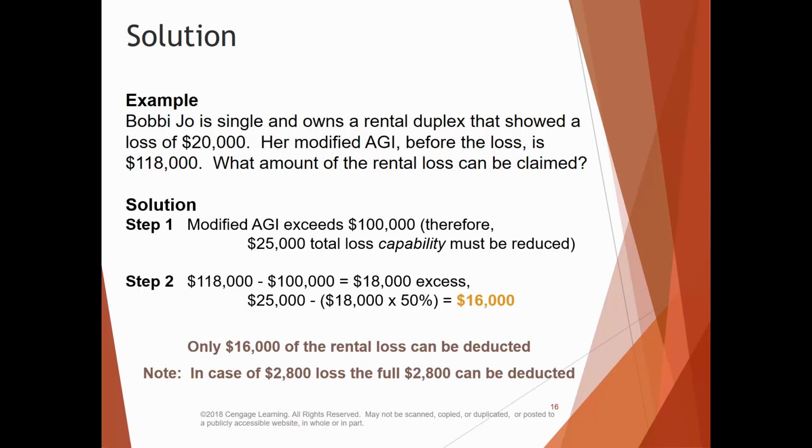So let's say there's a couple married filing jointly, and they have 2 rentals. One rental shows income of $6,800, and the second rental shows a loss of 24.